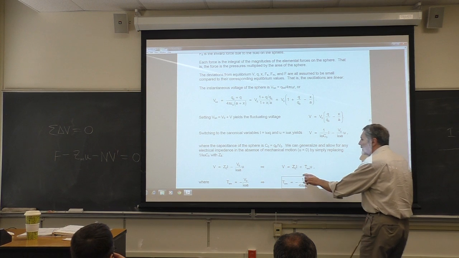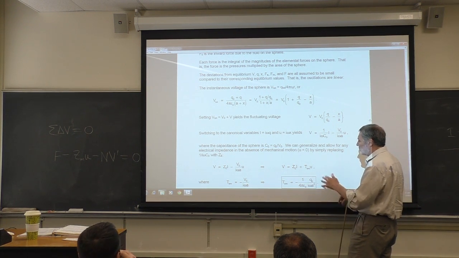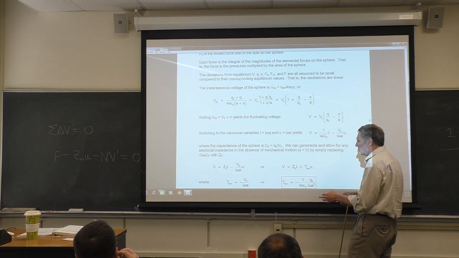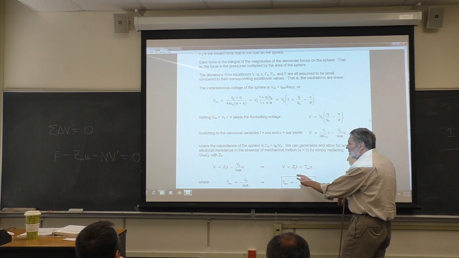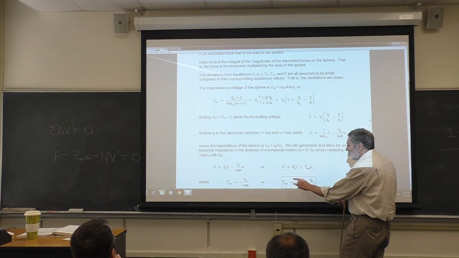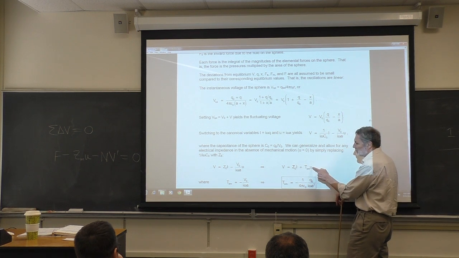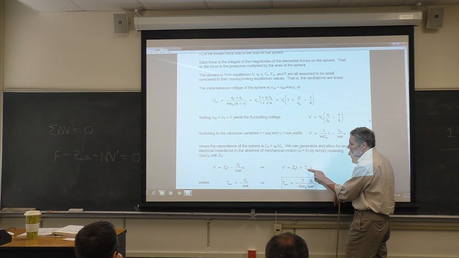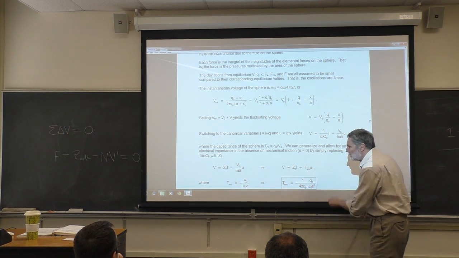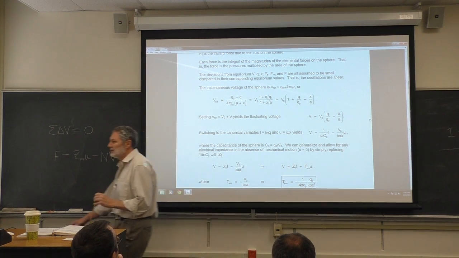Now, at this point, we can identify, this is the easy half, the electrical half, which is almost always the case. The electrical side of a transducer is usually easy to handle, and mechanical is where the trouble comes in. You can see that we can identify T_EM, mechanical to electrical. You can see that it's equal to this, and you'll notice that it's negative.